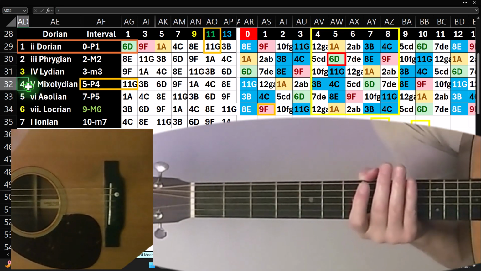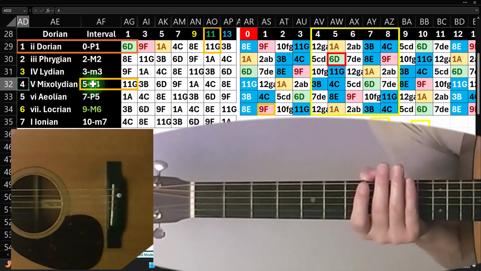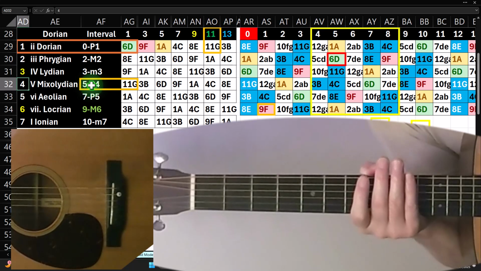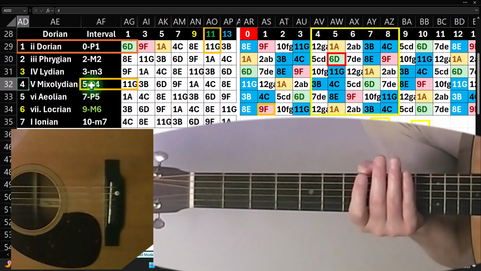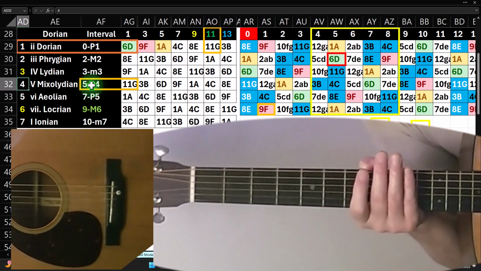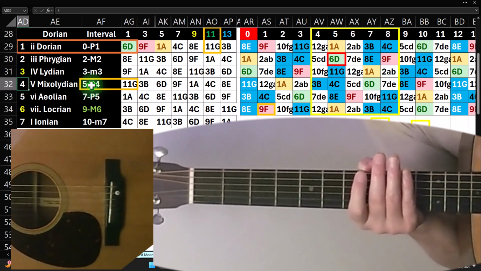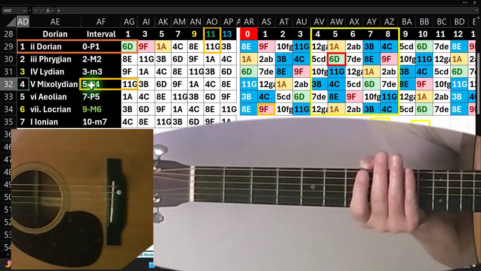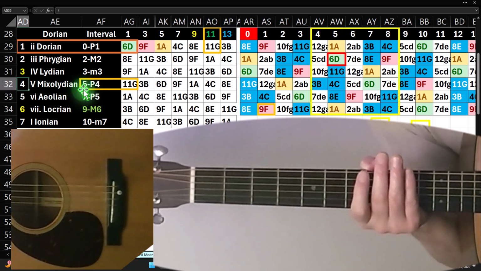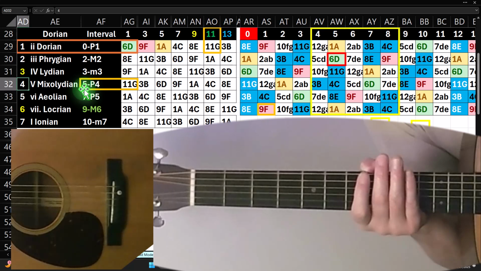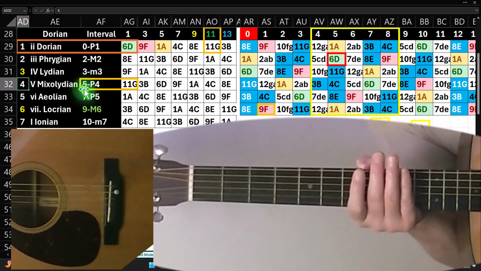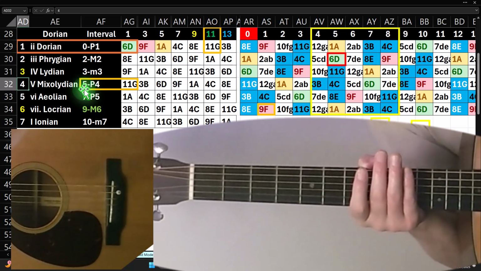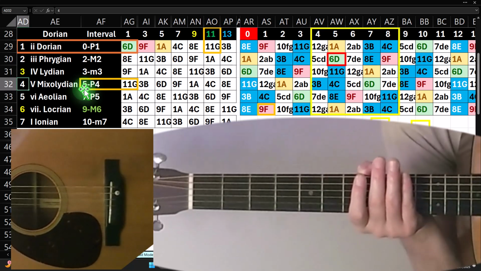It's the 4th note in the Dorian scale, and the fact that it's perfect tells you that it's basically the same for most scales, including the main majors and minors. And the fact that it's 5 notes away is the actual distance in our baseline units of notes, half steps: 5 half steps away.